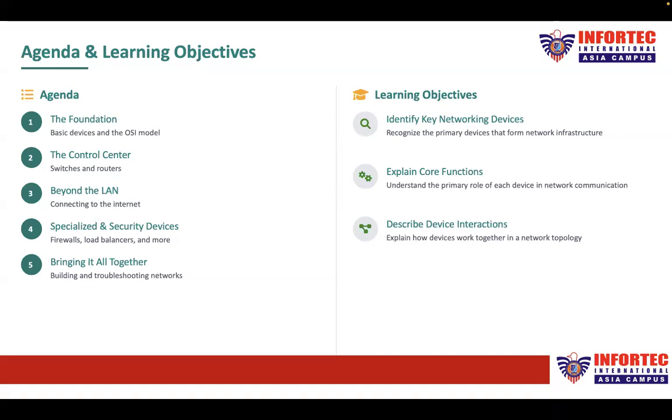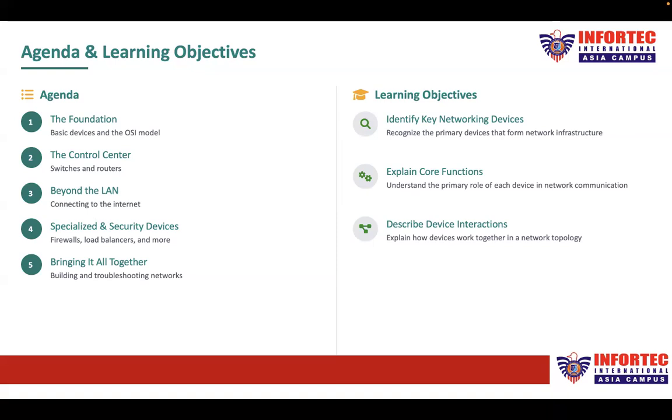The fourth part is specialized and security devices. When it comes to networks, we expose ourselves to the world. When we expose our details, our information and data, we have to be concerned about how we secure and protect that data.